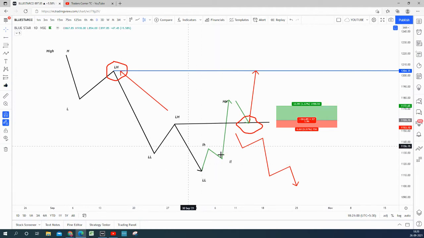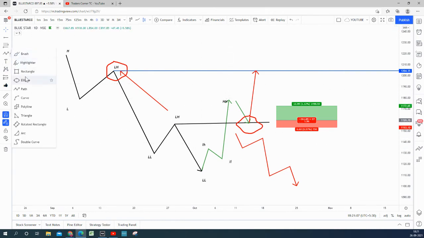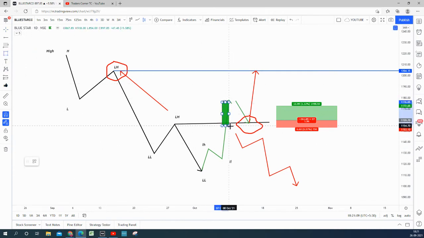If you take a trade in the day time frame, when this is the previous high, a fresh day candle makes a strong close above this one, and also make a note of the point, it should be a strong bullish solid green candle. It should not be a minor candle with a huge wick on top. It's not like that. Okay, you need a strong green candle. It should not be like this, it should be like this solid green candle.